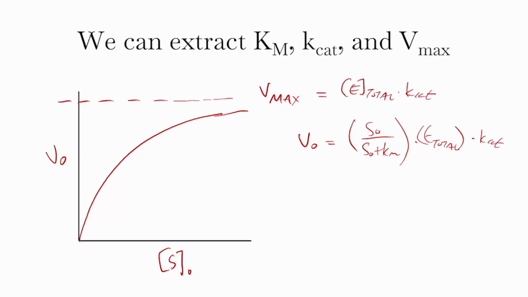So when we completely saturate, when we reach the highest possible velocity, that's occurring when this fraction is 1, which is happening when the system is entirely saturated. We have no more free enzymes left. So we're left with just this block here as the maximum total velocity.